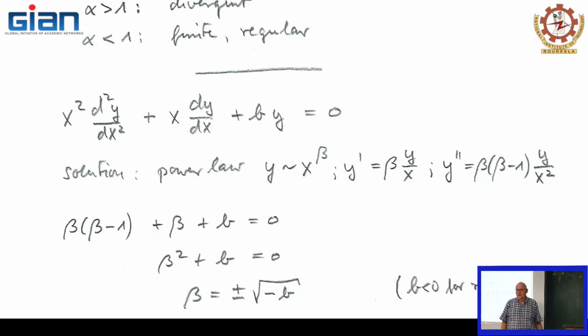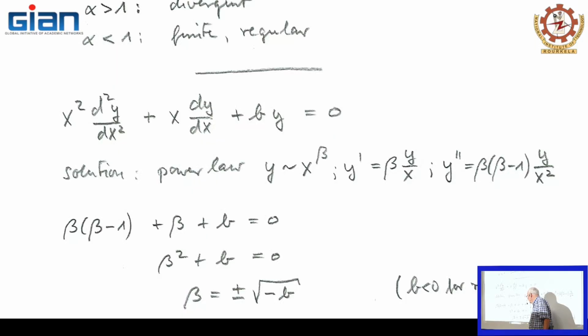Well, you can try a power law as a solution. That means you try a solution in the form y proportional to x to the power beta. Then you can derive the first and second derivatives, and if you insert this into your differential equation, you are left with a quadratic equation for beta, the power of the function x to beta.